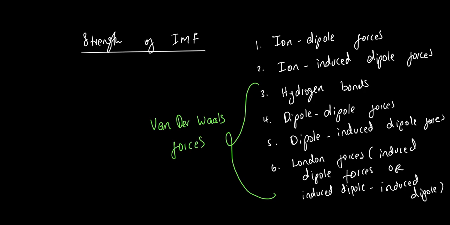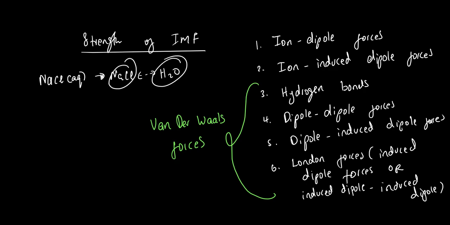They are at the bottom, meaning they are weaker compared to any forces involving an ionic compound. When you talk about ion, we're talking about a metal and a non-metal. For example, sodium chloride has ion forces between the molecules. If you have NaCl in aqueous solution, meaning NaCl in water, the forces between them are going to be ion dipole forces.